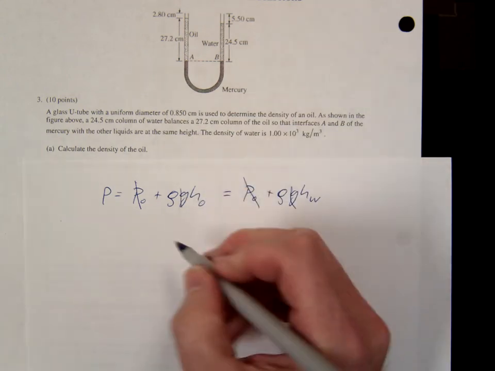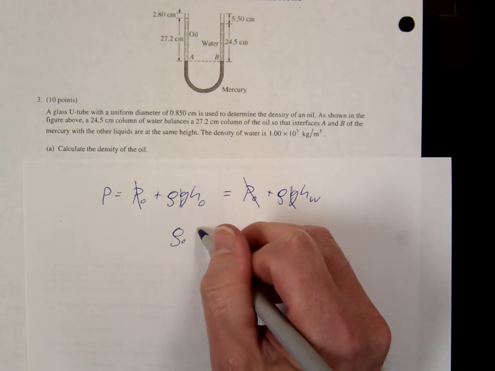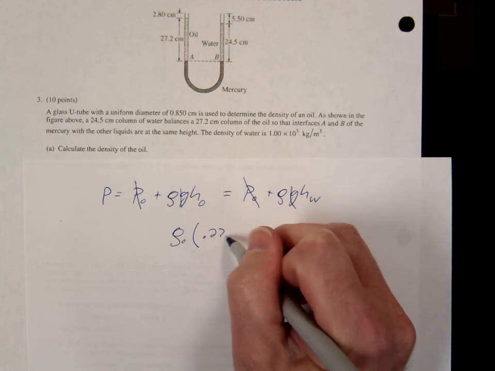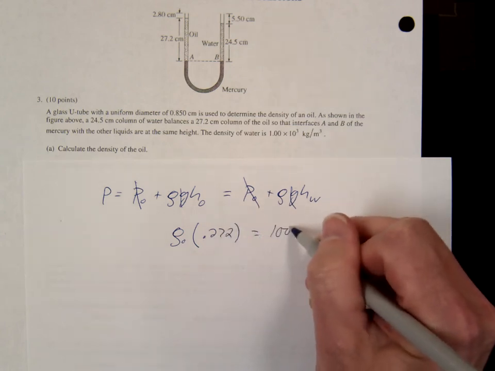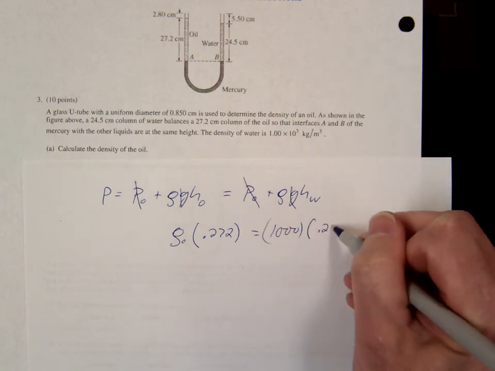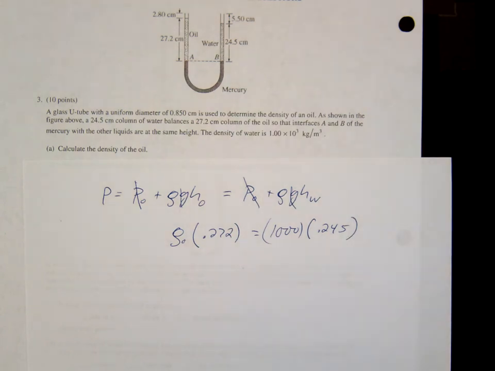So basically, the rho of the oil, that's what we're looking for, times the height of the oil, 0.272, should equal the rho of the water, which is 1,000, times the height of the water, which is 0.245. So that's how you should approach this problem.